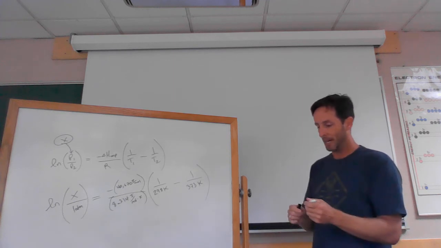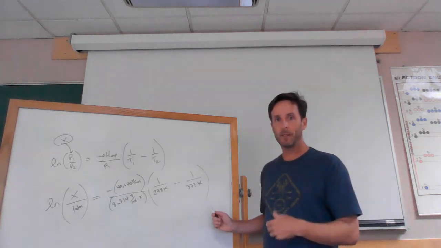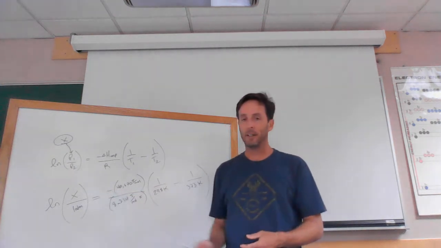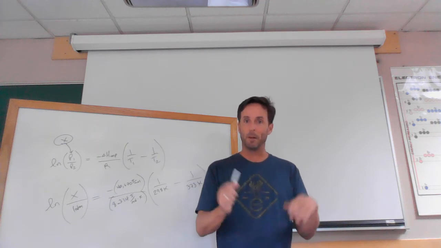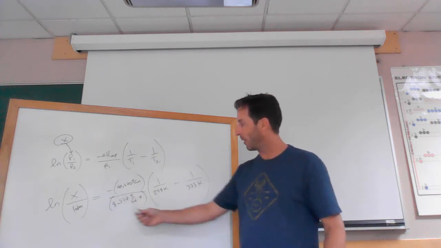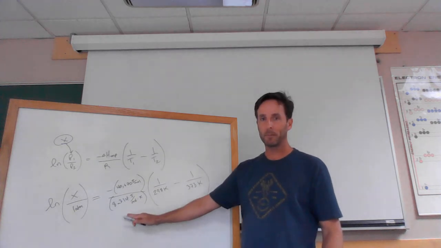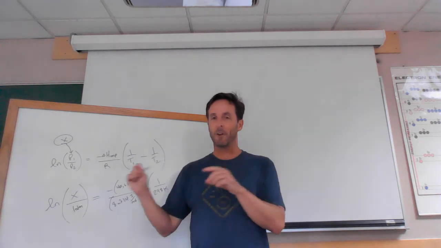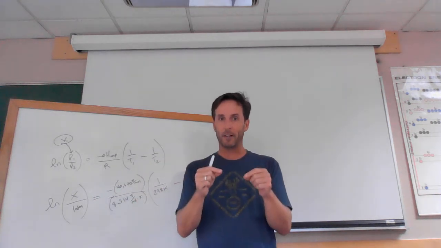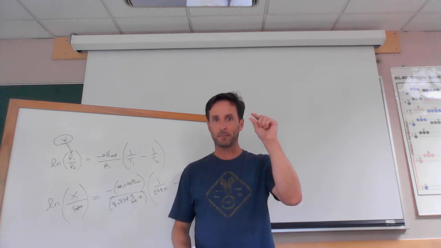All right. At this point, everything I need is plugged in. The only thing I don't have is X. Well, that's what I'm solving for. So I'm going to talk you through a little bit, but I'm going to let you do this. You should be able to solve everything on the right side of the equation down to a single number. And then to get rid of the ln, I'm going to do the inverse on your scientific calculator. The second function on the ln button is e to the x.